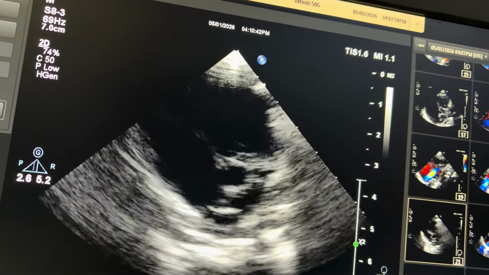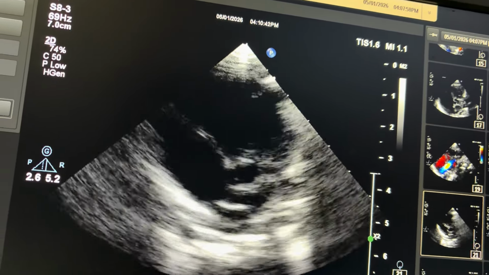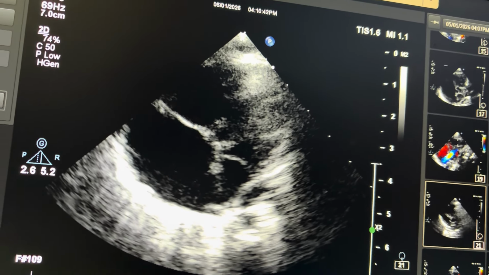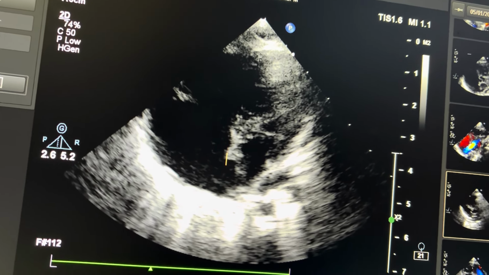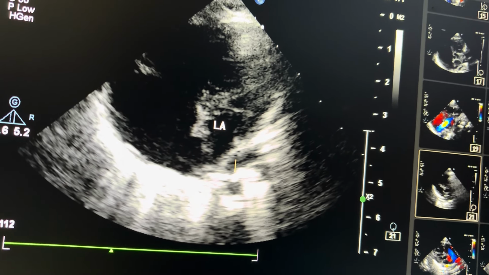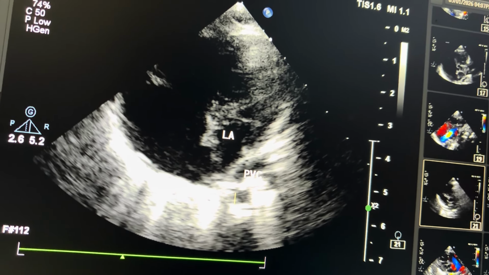This is a very common presentation of total anomalous pulmonary venous connection. So if this is the apical four chamber view, whenever you get a very small left atrium, you see this is the left atrium, and this is the pulmonary venous confluence, PVC. Obviously this is the aorta.